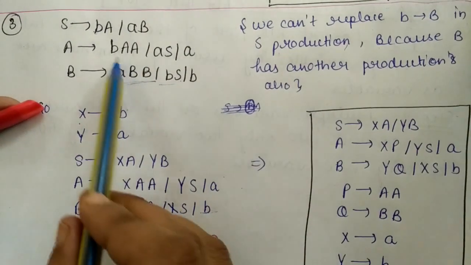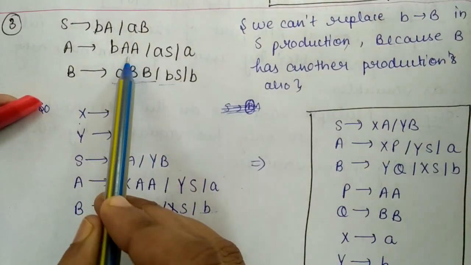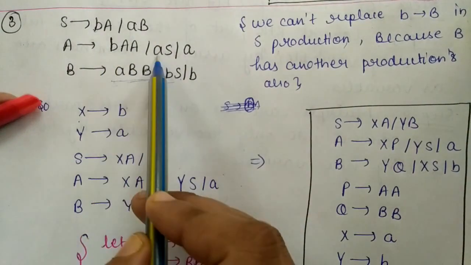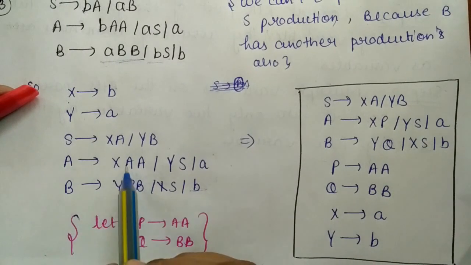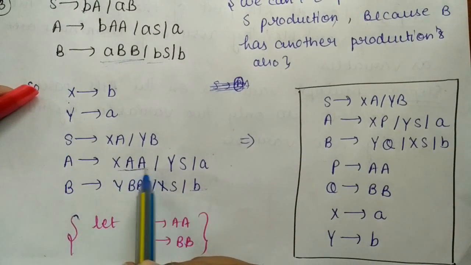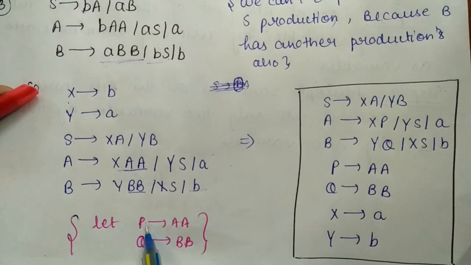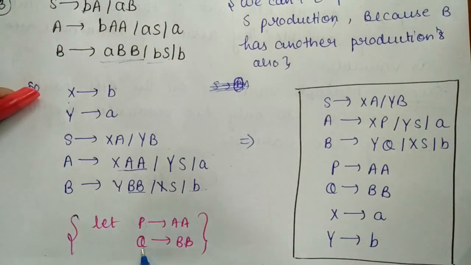Whatever production is not in CNF, I will replace only that production. Now we have three variables here, so I can assume these two as one and these two as one. Suppose I am assuming it as P and I am assuming it as Q.